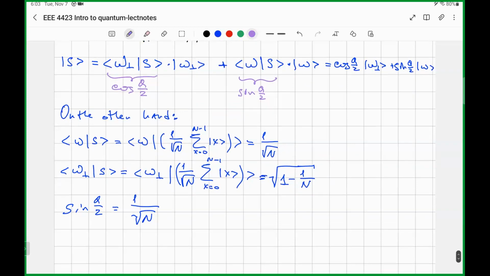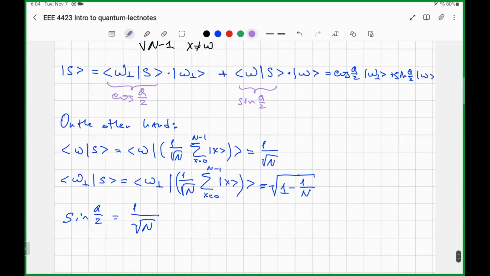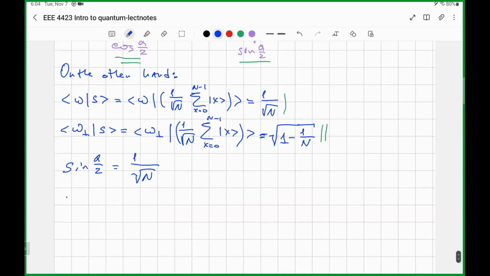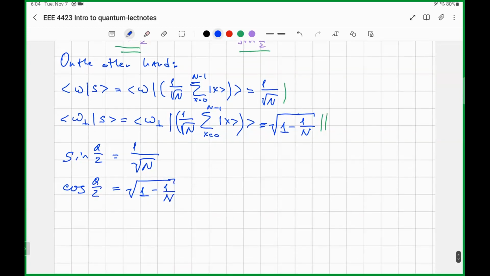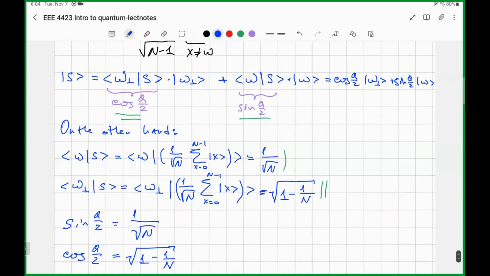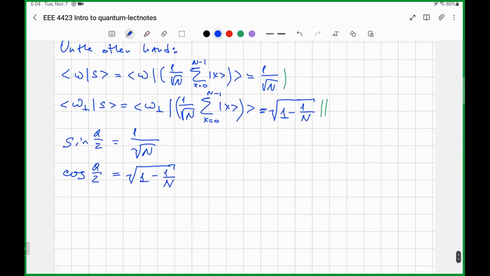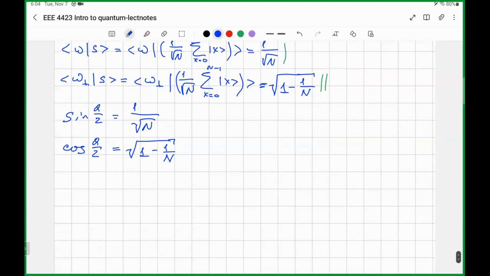Okay, so I just compare this one and this one. They must be the same. And likewise, this guy and this guy also must be equal. So cosine theta over 2 must be equal to the square root of 1 minus 1 over n. All right.